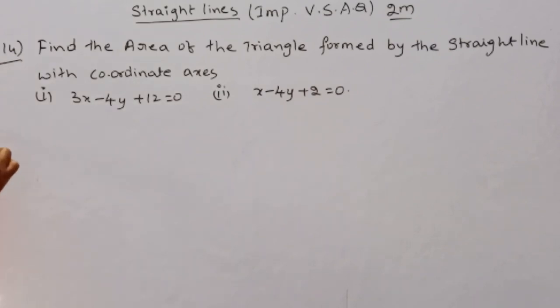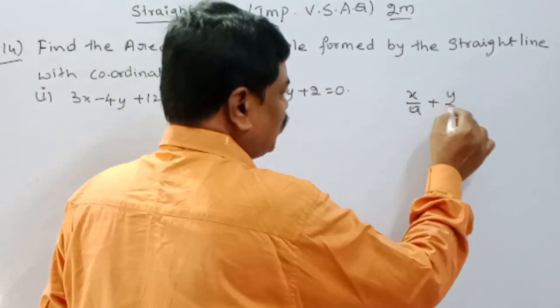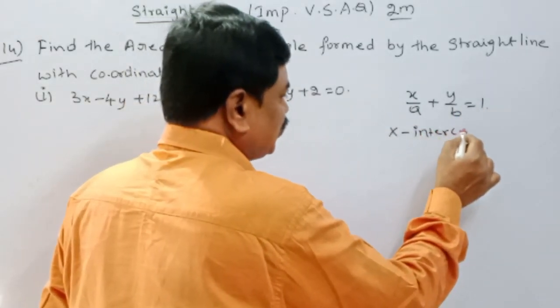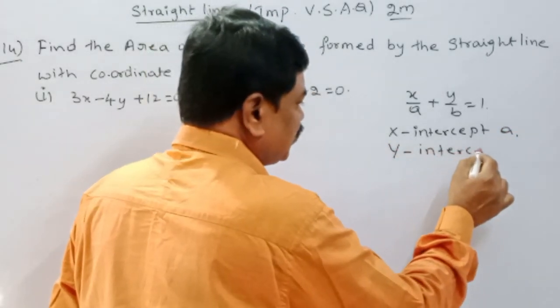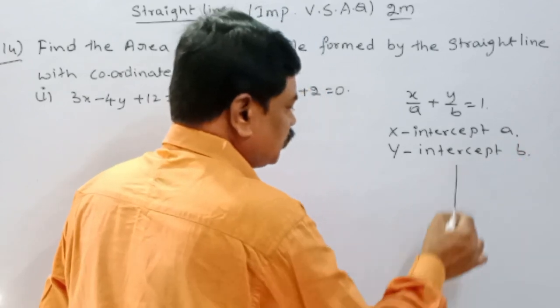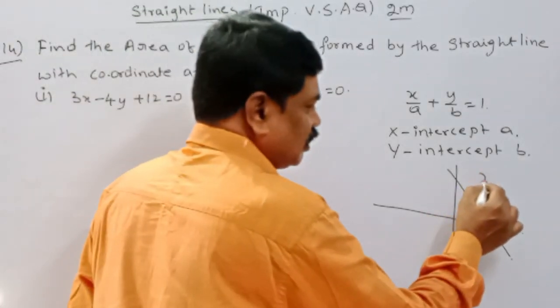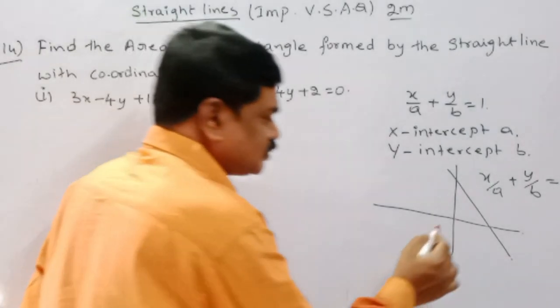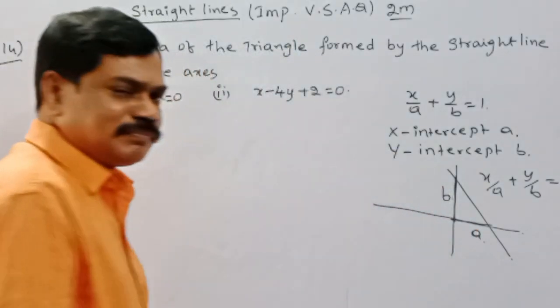So you see, suppose the line is x by a plus y by b is equal to 1. What is the x-intercept? The x-intercept is a. What is the y-intercept? The y-intercept is b. This is the line, x by a plus y by b is equal to 1, with x-intercept a and y-intercept b.